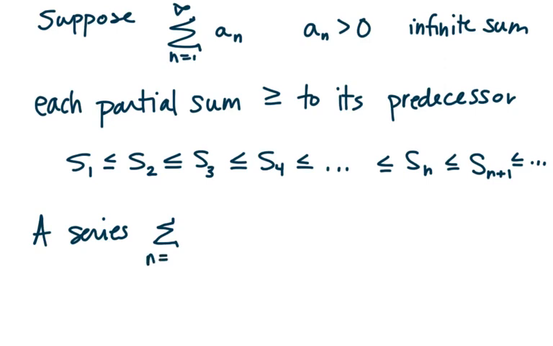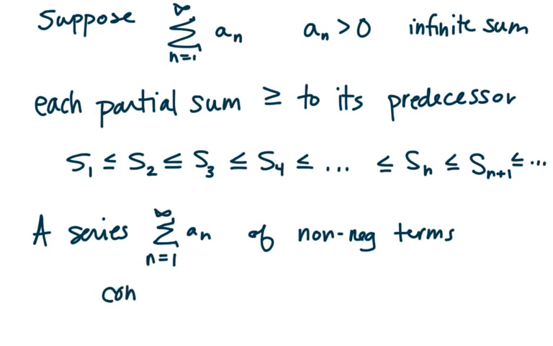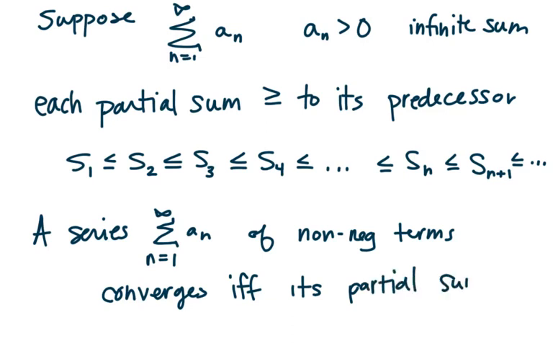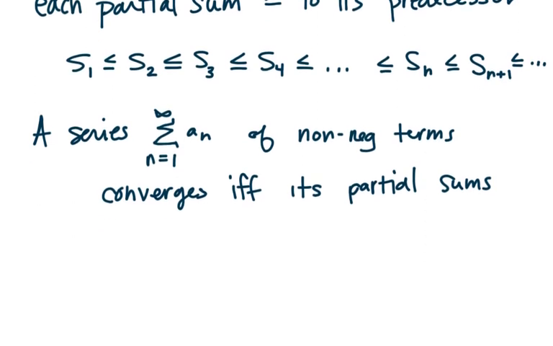So a series n equals 1 to infinity of a sub n, as long as it is of non-negative terms, so everything we're adding up is positive, we know that it's going to converge if and only if, and we write iff as a shorthand for that, if and only if its partial sums are bounded from above. So if they have an upper bound.